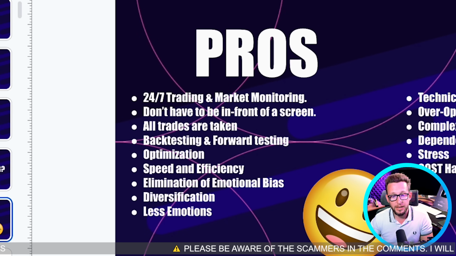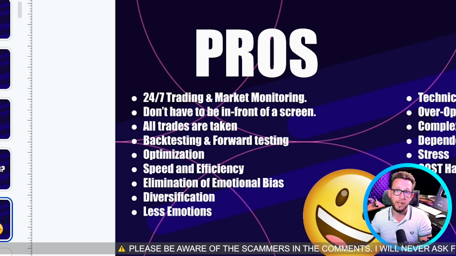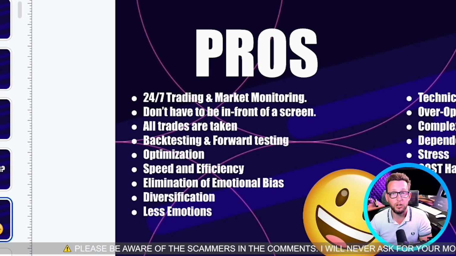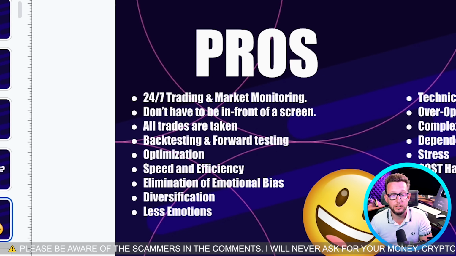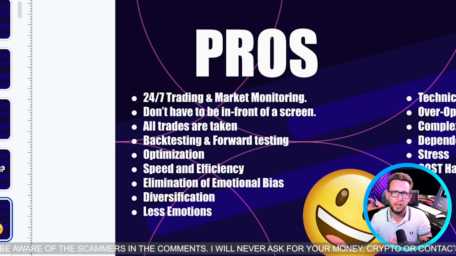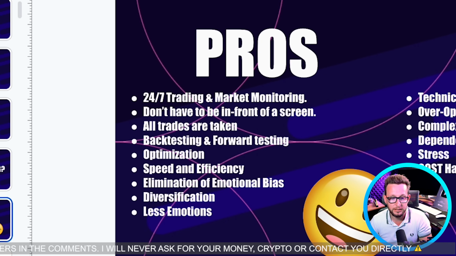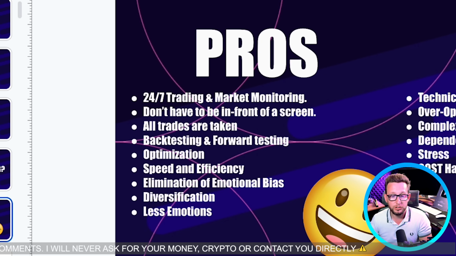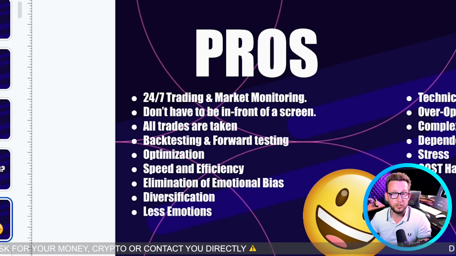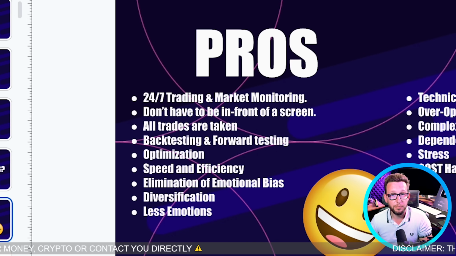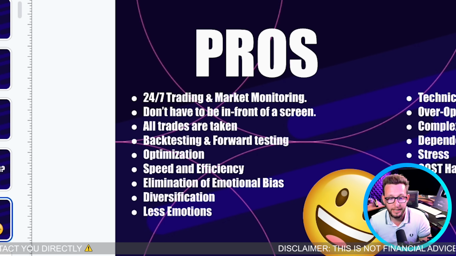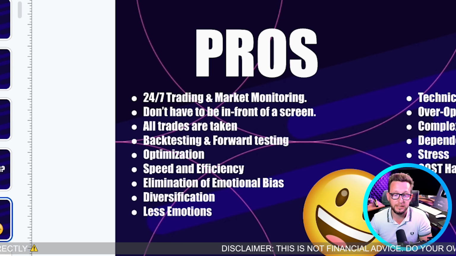So the pros being that the markets are open 24/7, and with algo trading you could be on the markets 24/7 if you're in crypto, or when markets are open for things like Forex, etc. You can be there monitoring the markets no matter what. You don't have to be in front of a screen 24/7 to do that. You could be using bots or algorithms to alert you on a phone or whatever it is to tell you when to take a trade.